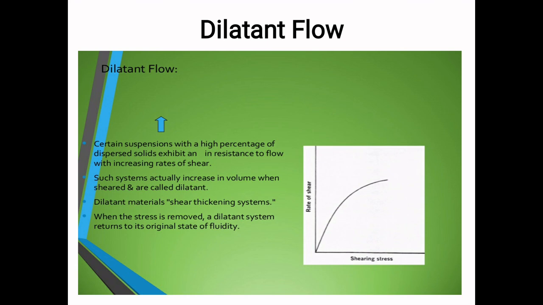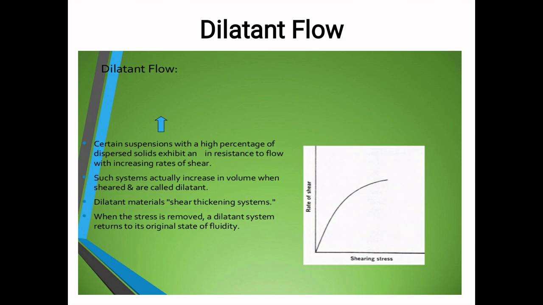So dilatant flow is mainly seen in those systems which have a high percentage of solid particles. When a high percentage of dispersed solid is present, it will cause resistance to flow.